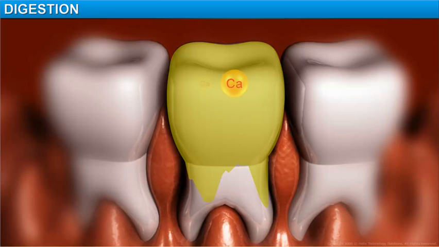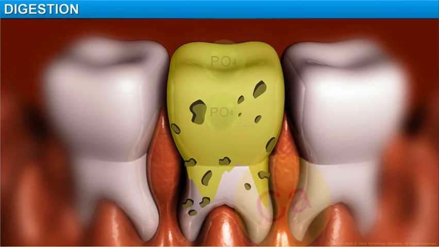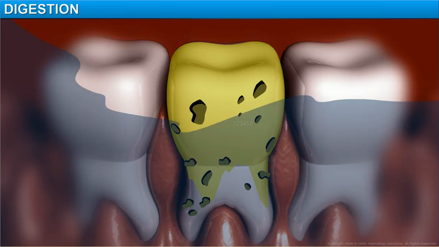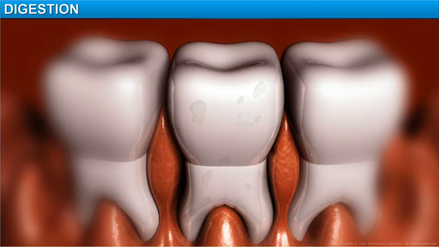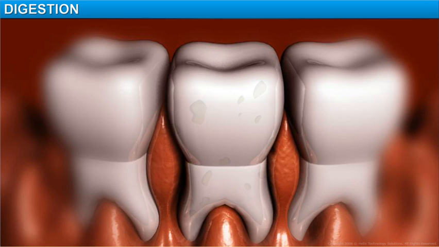This removes minerals like calcium and phosphate from the teeth and makes them susceptible to decay, thereby forming plaque. Saliva contains minerals that are used to repair tooth decay. At the same time, the buffering agents in saliva neutralize the acids and prevent further decay.